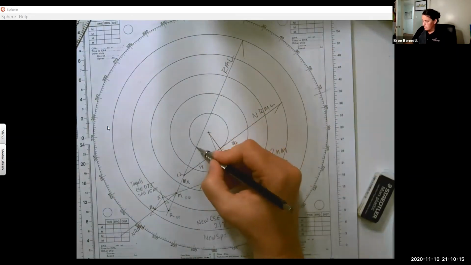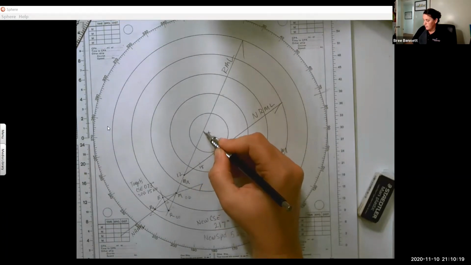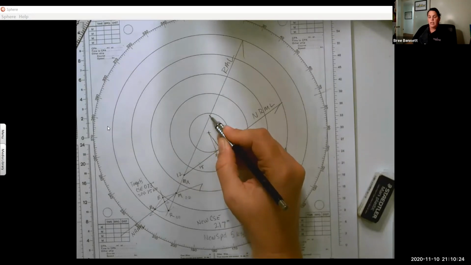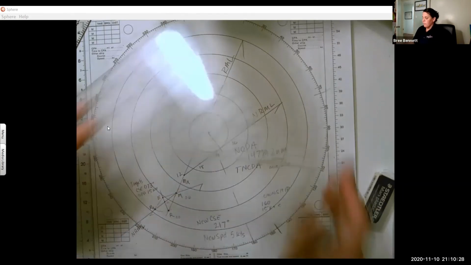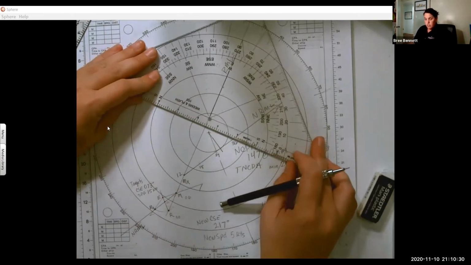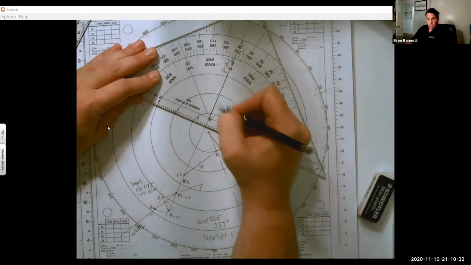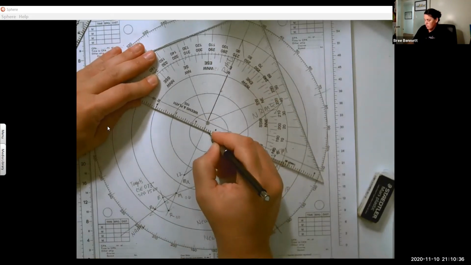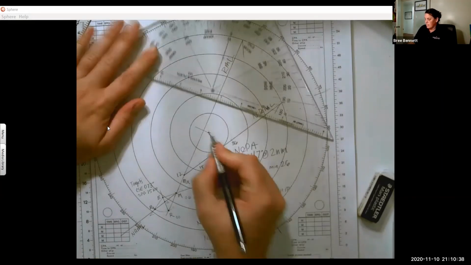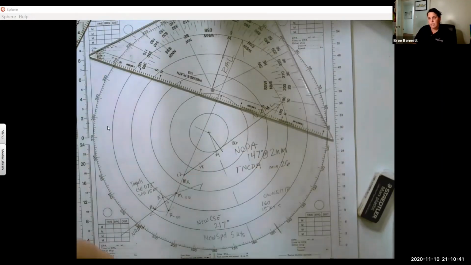Just like if I was to find my CPA on this relative motion line, it's 2 miles away here, it's getting closer, I would say somewhere around here is my CPA, and then it gets farther and farther away. But just to be as accurate as possible, I do a right angle on my relative motion line to the center, which is me. And I can see that right there is going to be my CPA.